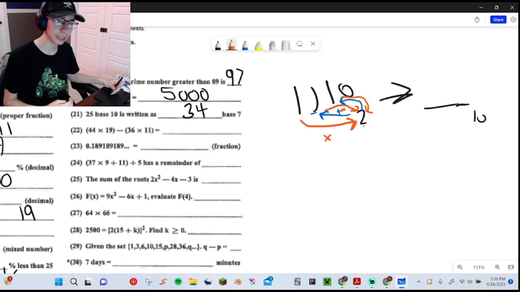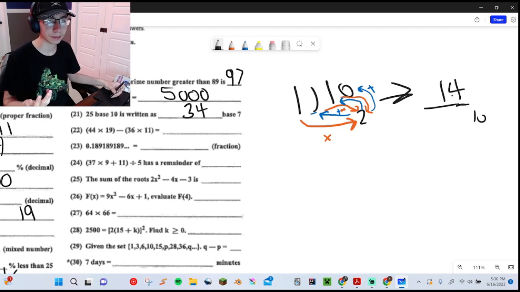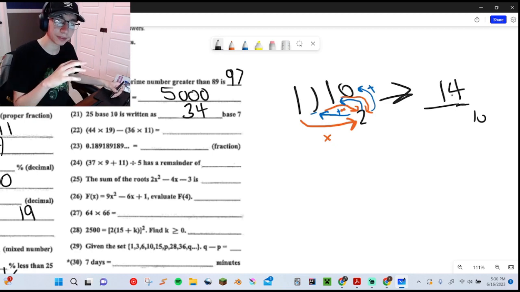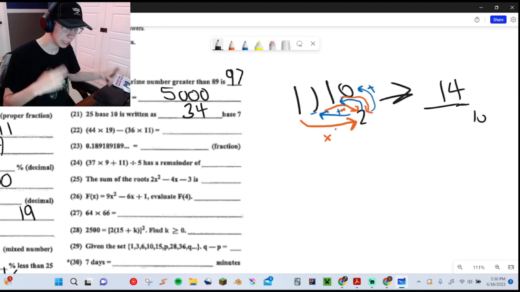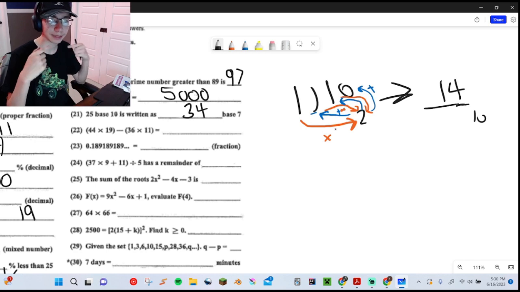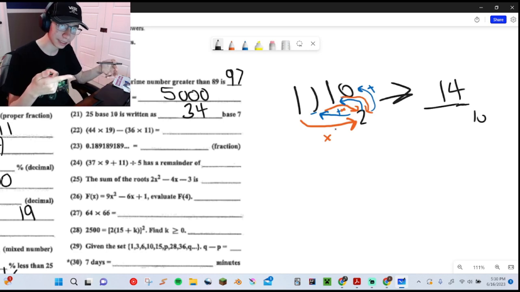That gives me 14. And then I'm going to add it to the last number, which is 0. 14 plus 0 is 14. Therefore, my answer is 14. That's how I convert from a base to base 10. You're just repeatedly multiplying, adding, multiplying, adding, multiplying, adding.